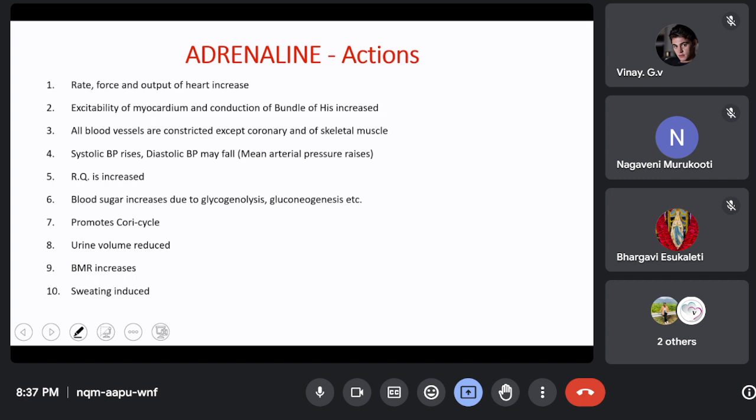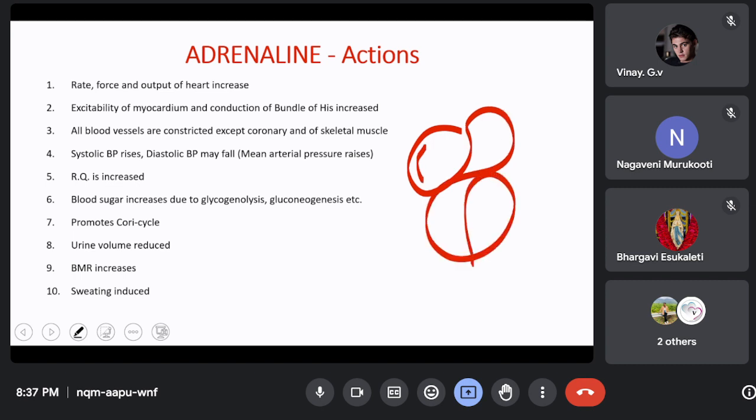And how is it increased? It is increased by increasing the excitability of the muscles of the heart. We know the heart is said to have its own wall, having epicardium, mesocardium, myocardium. The mesocardium or myocardium has cardiac muscles. In addition to this, there is the bundle of His, which is supplied to the ventricles, so that ventricles are contracted.